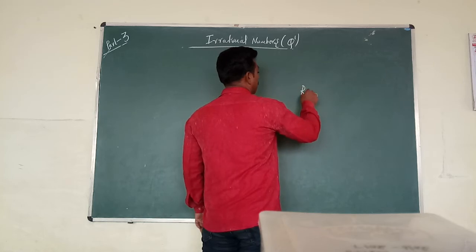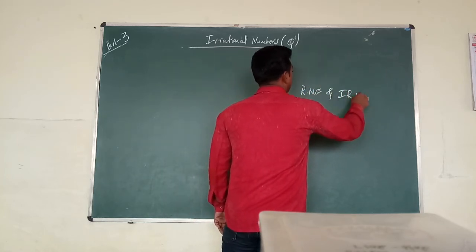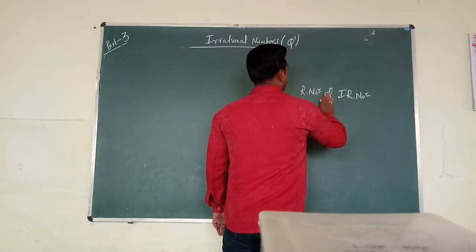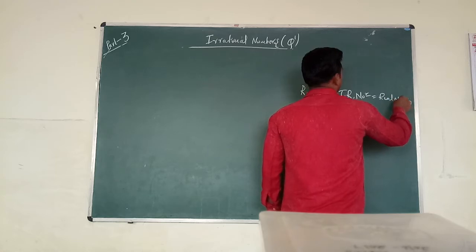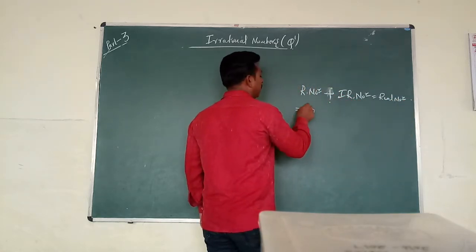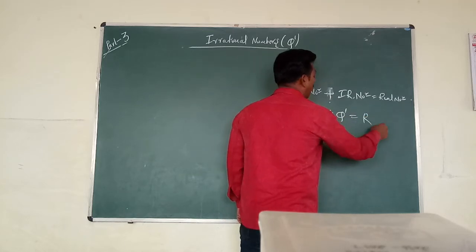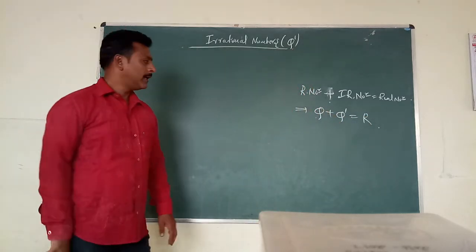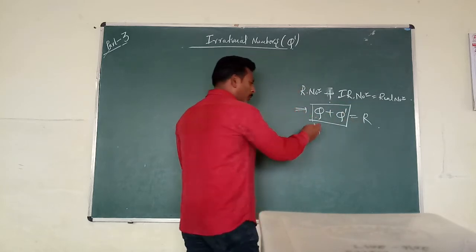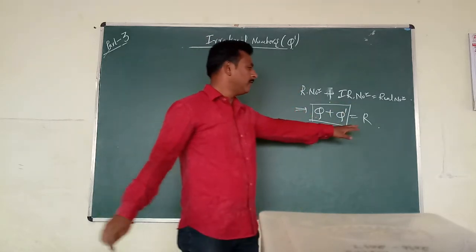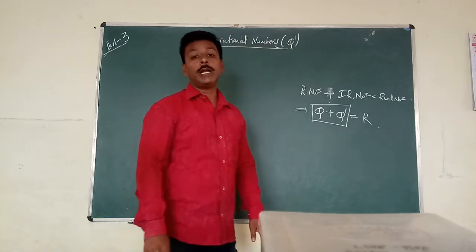So rational numbers और irrational numbers, इन दोनों को add किया तो you will get the real numbers. इसका मतलब set of Q plus set of Q dash is equal to R. Okay, therefore what we can say, rational और irrational दोनों को combine किए तो we will get the largest set of numbers which is called a real number set.